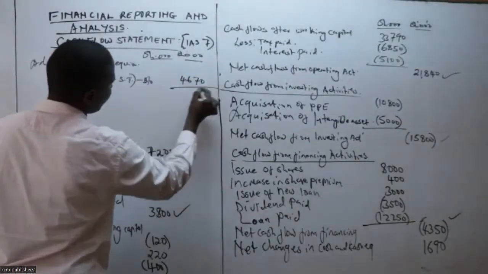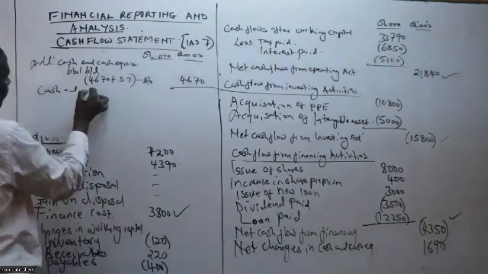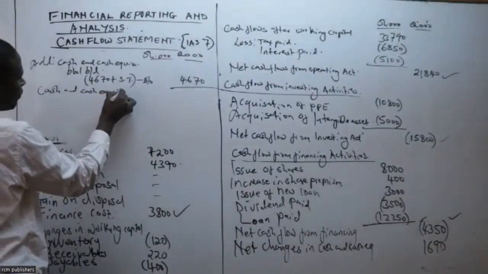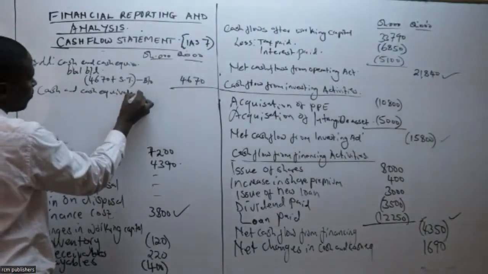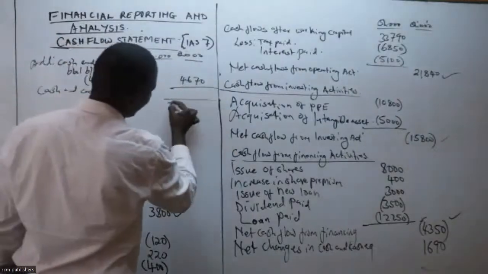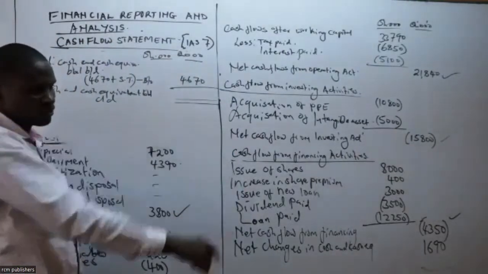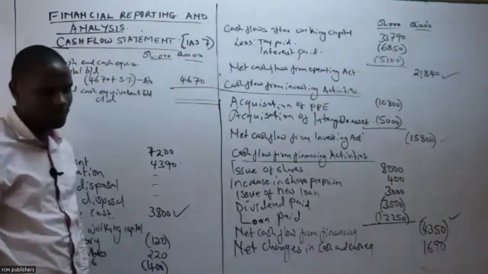So can you add for me so that we get cash and cash equivalent balance. This is the balance carried down at the end of the period. What are you getting? Add for me 1690 plus 4670.